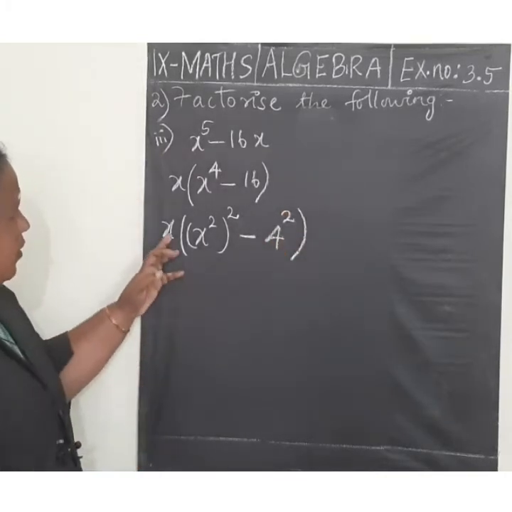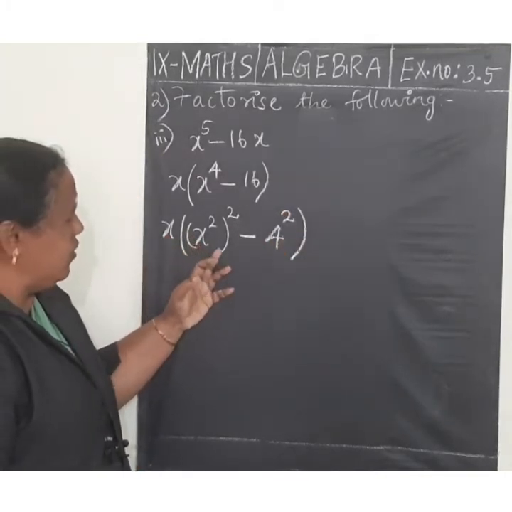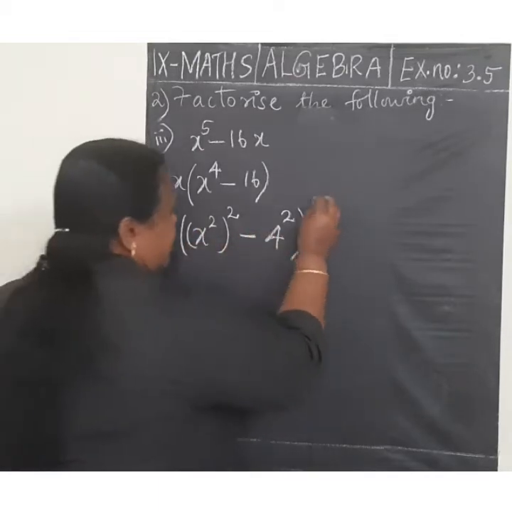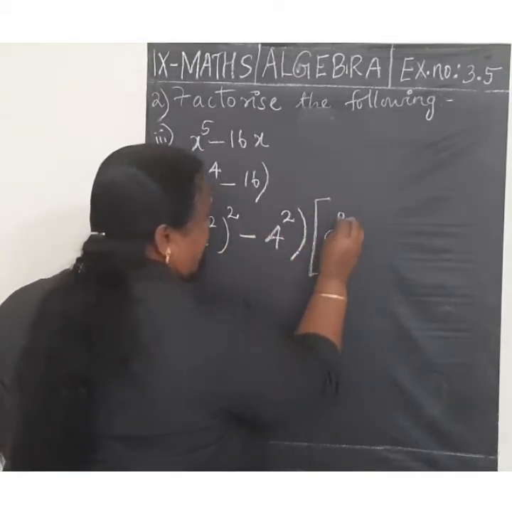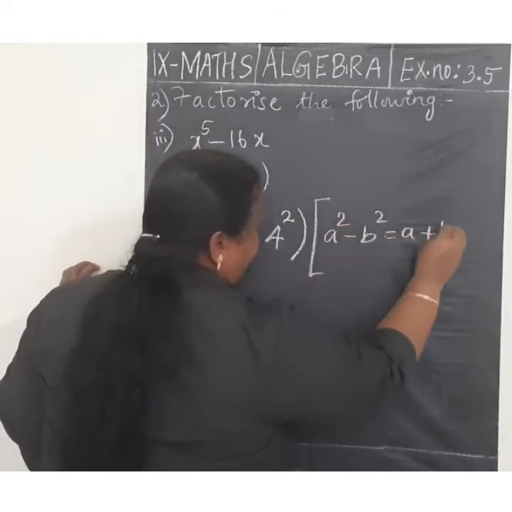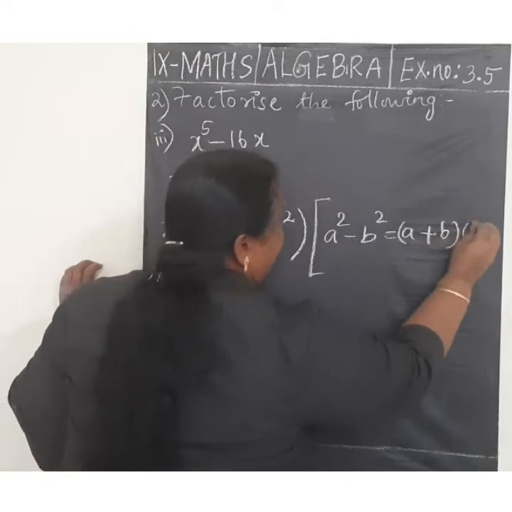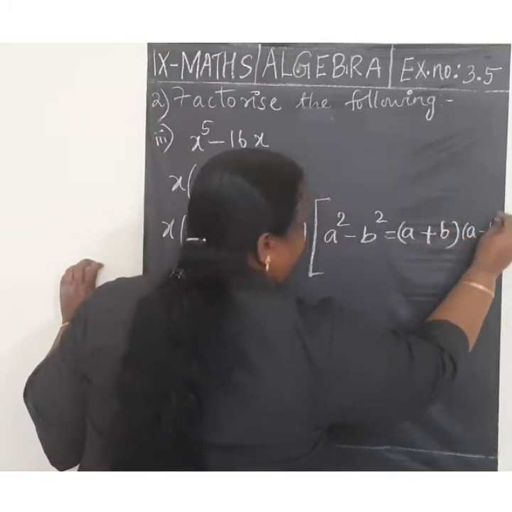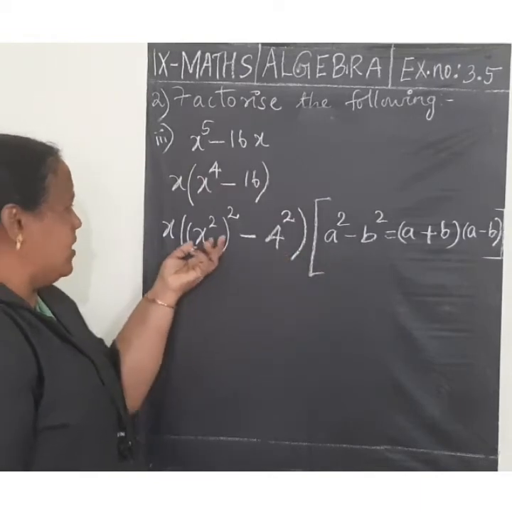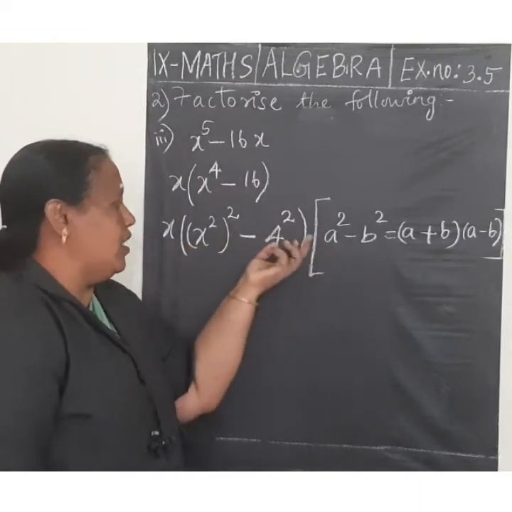Now see, it is in the form of a squared minus b squared. Which identity do we use here? a squared minus b squared is equal to a plus b into a minus b. This identity we use here. Now a is x squared and b is 4.